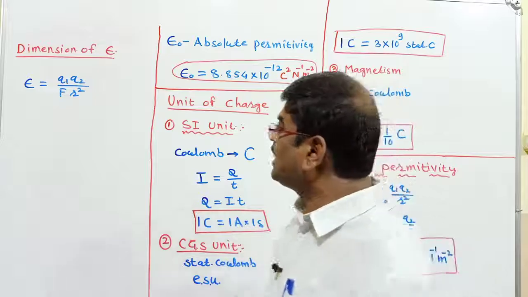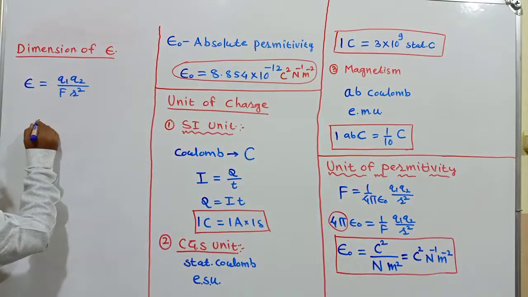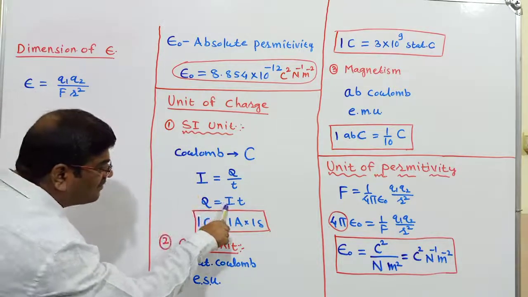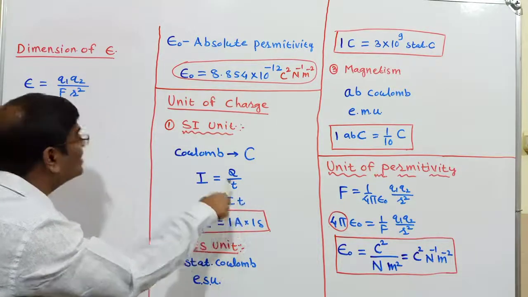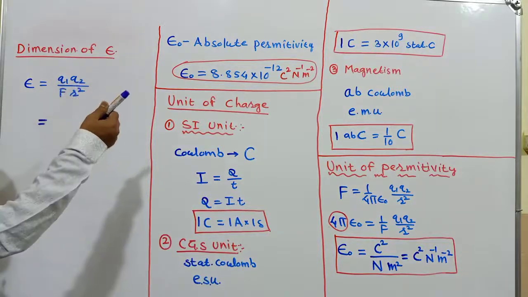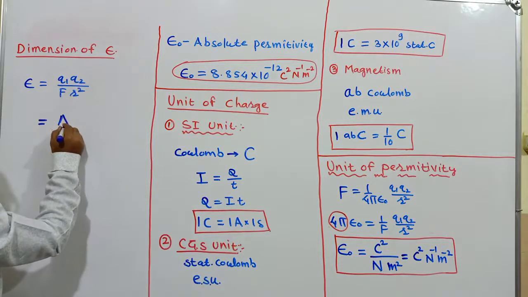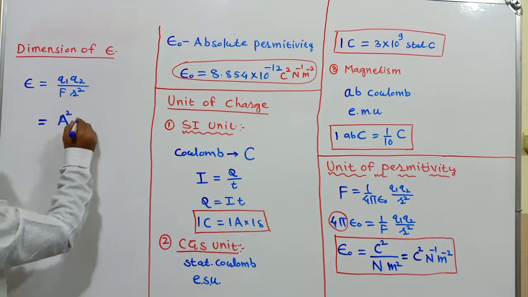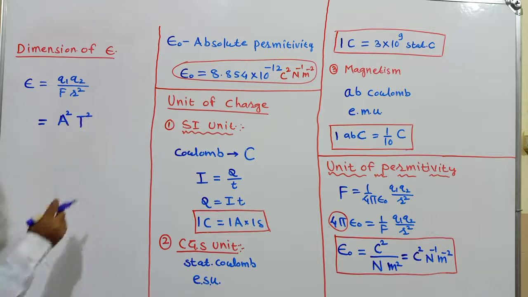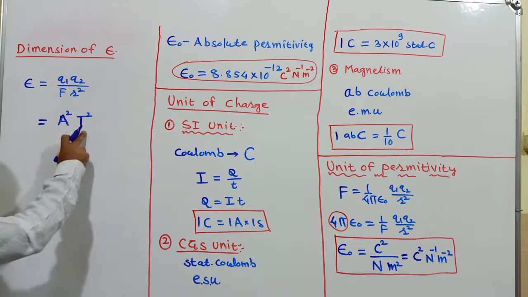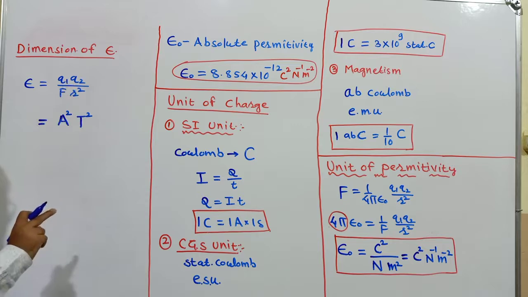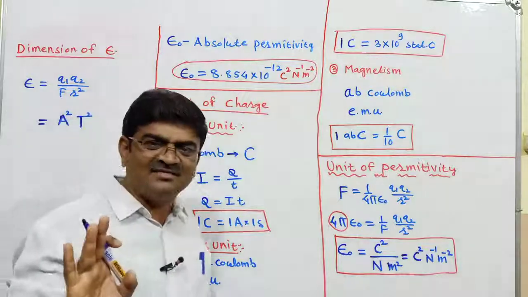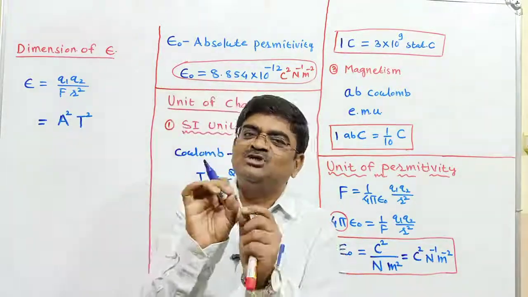So to arrive at the dimensions of permittivity, dimensions of charge as I mentioned, 1 in ampere, 1 in time. As I have got Q and Q, square like I have got, I will write this as 2 in ampere, A for ampere I am writing, and 2 in time. For one charge, AT it is. Two charges are there, Q square like you have got. Nature of the quantity is same, Q1, Q2, just to discriminate.